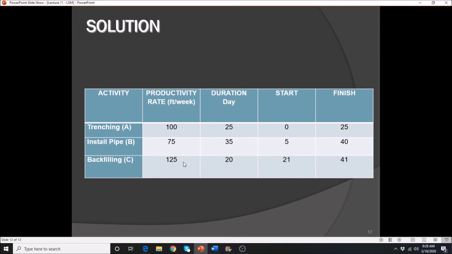The rest, 75 and 25, those are given. Alright, let's calculate the duration. I converted this into days, assuming that in a given week they're going to work 5 days.